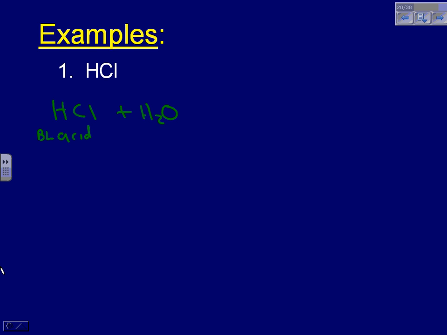So if HCl donates its H plus to the water, somebody tell me what the products to this reaction are going to be. Yep, John? I'm going to have an H3O, excellent, and it's going to have a positive charge because the H plus takes its charge with it. And what else is left? There's no Cl2. It is not chlorine gas. Cl, and it's got a negative charge.